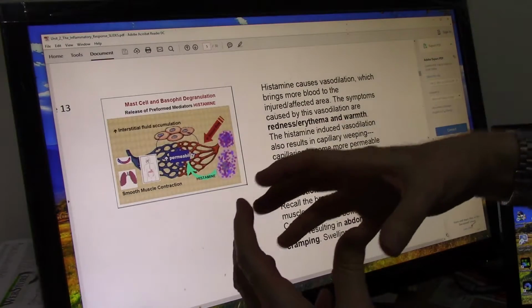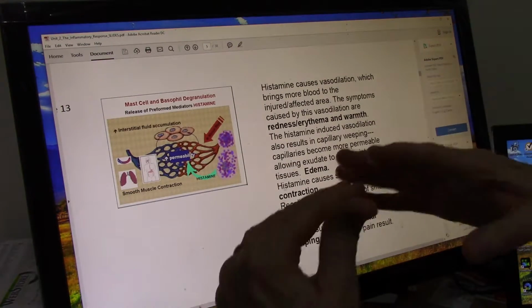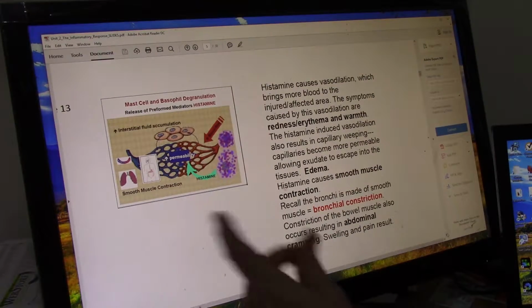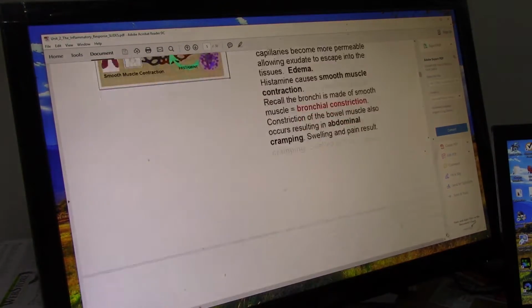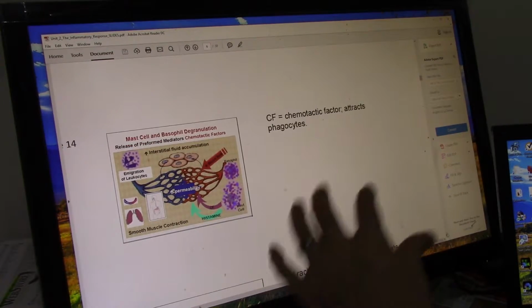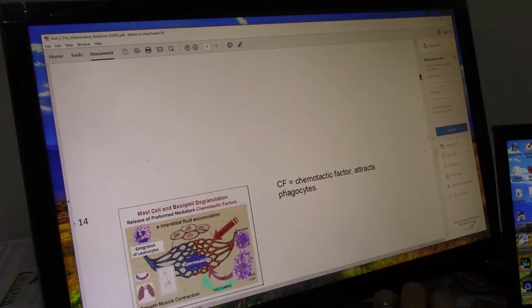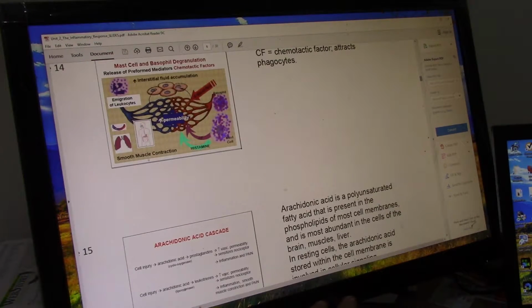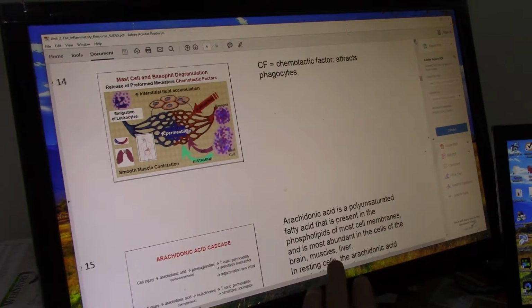And by the way, the blood vessels open, they get wider, and they also get leakier so that these products can leak out into the surrounding tissue. Okay? And of course, I know you're going to be reading up on some of these details. I'm just giving you the background on it, and hopefully I can help demystify this a little bit.